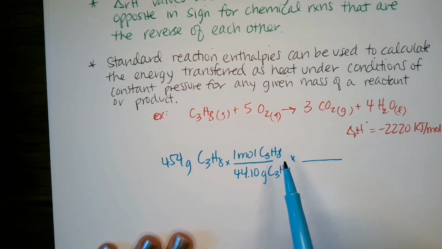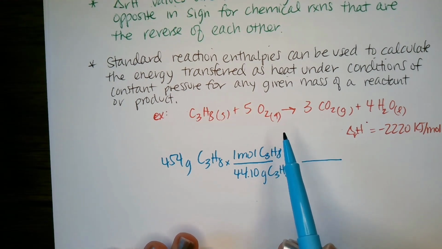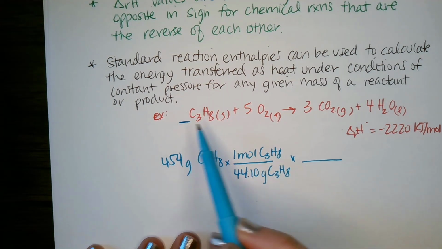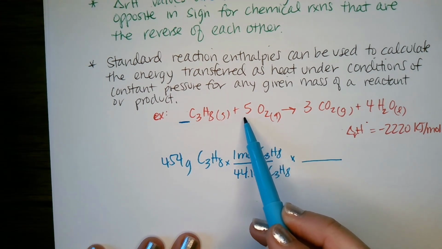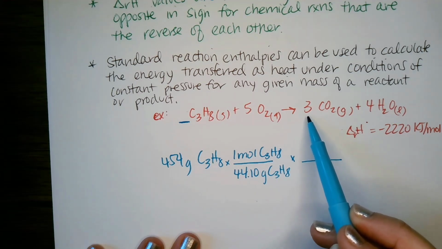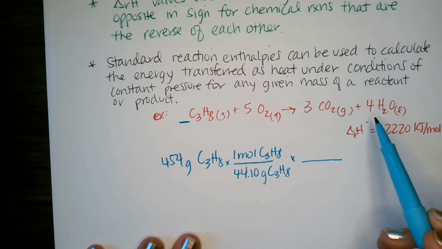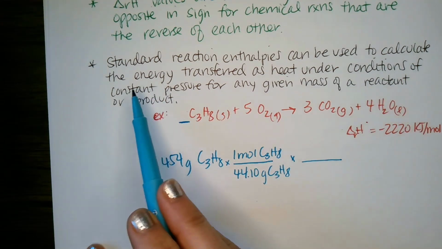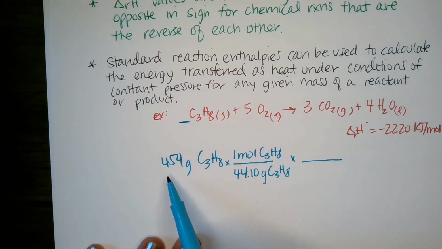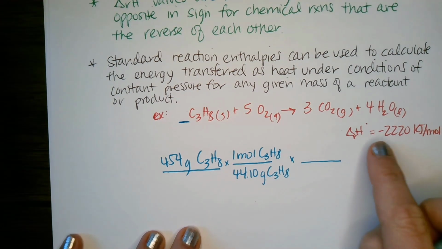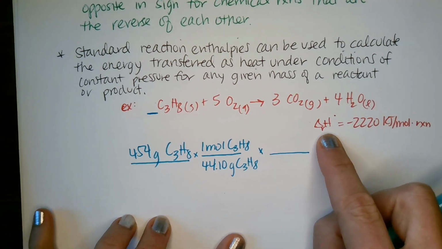All right, now we're going to take this one step further, and we're going to look at our mole ratios. We've just finished with stoichiometry, so we can see that 1 mole of propane would be equivalent to 5 moles of oxygen, 1 mole of propane to 3 moles of CO2, 1 to 4 moles, but we don't want to know that. We want to know how much energy is transferred if I have 454 grams.